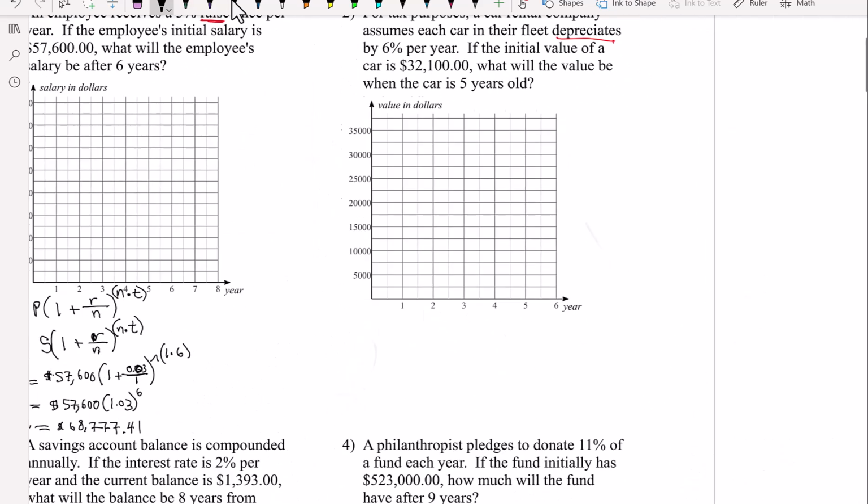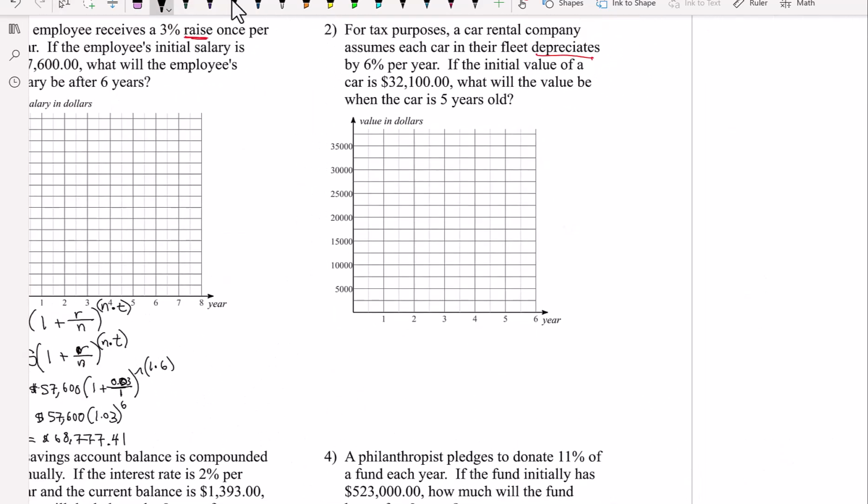A car's depreciation is the same thing, so the new value is equal to the original. So you bought it for $32,100. And it's depreciating at 6% per year, so the n is 1.